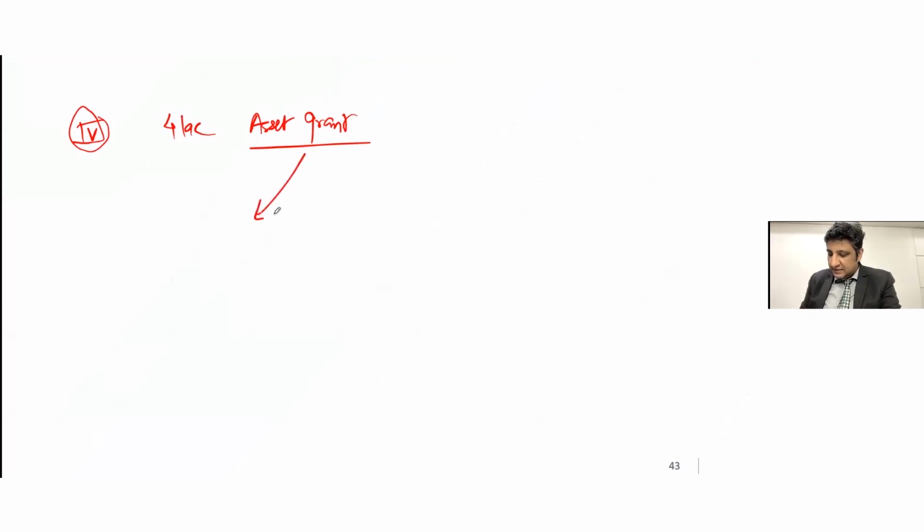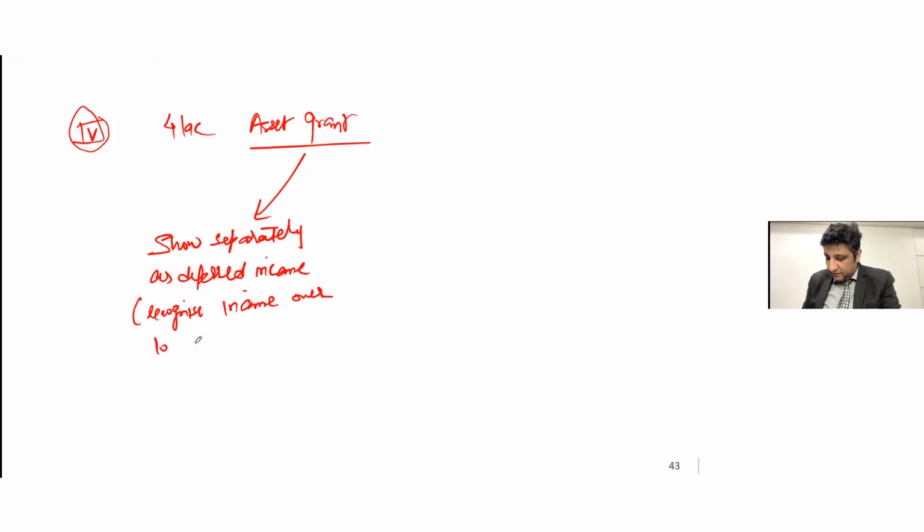One is you show it as a separate deferred income and you recognize an income over 10 years. That's the useful life of that particular machine, right? Which means 40,000 rupees per year is the income which is shown in the books.